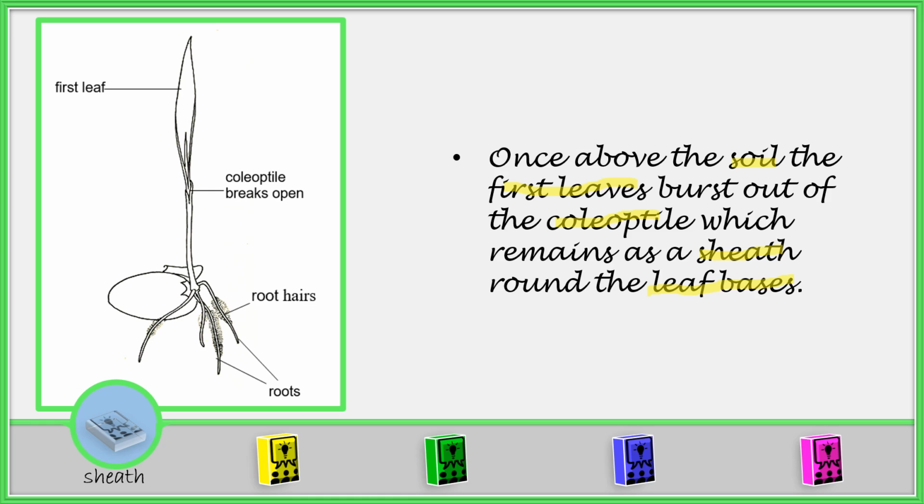The coleoptile will open, and when it opens, it is going to allow the first leaf to come out of the coleoptile. But the coleoptile will remain covering around the lower leaf base.